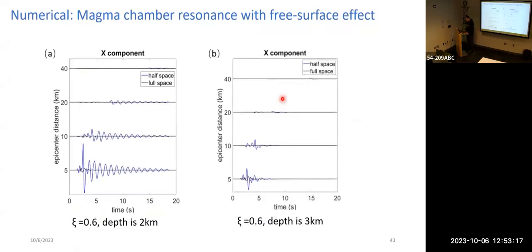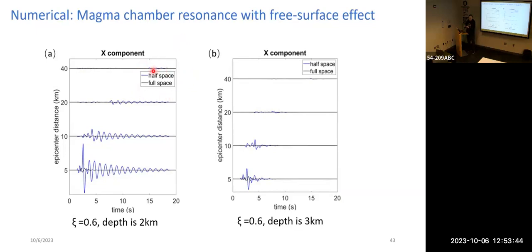And here I show some waveforms. This one is a short-long axis ratio of 0.6, and the depth of the magma chamber is 2 kilometers and 3 kilometers. All the waveforms are normalized. When the depth is 2 kilometers, with the half space we have a much longer oscillation than the full space.